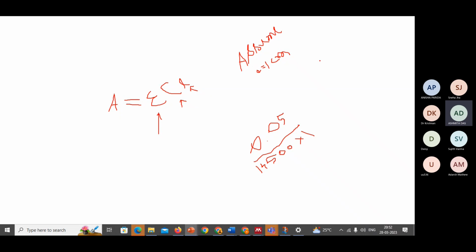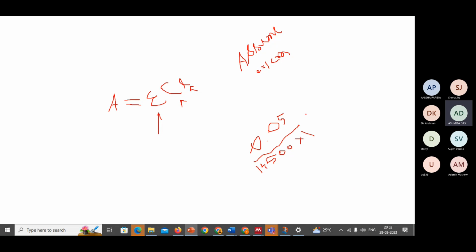So what will be the value? Please do the calculation and tell me the value. 3.44 into 10 to the power minus 6.